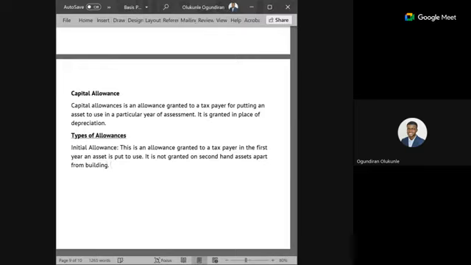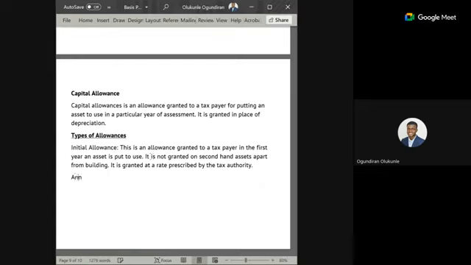And it is granted, obviously, at a rate prescribed by the tax authority.